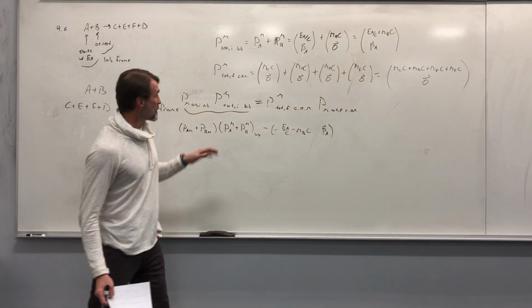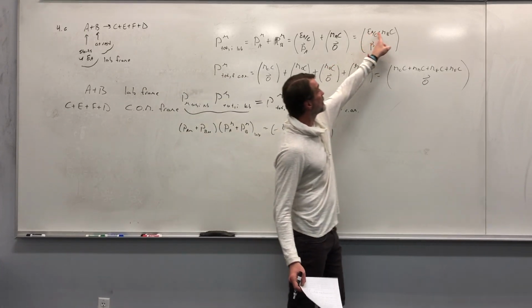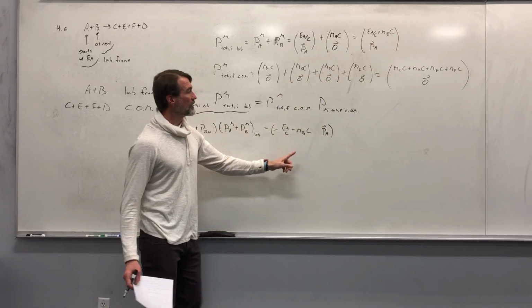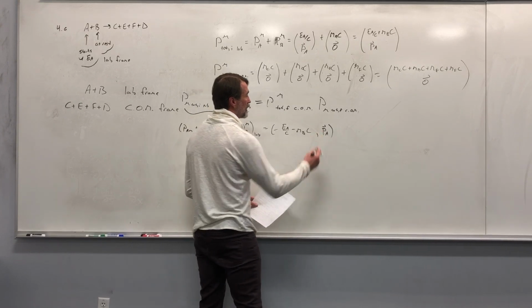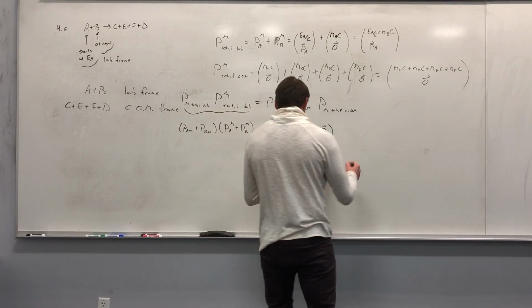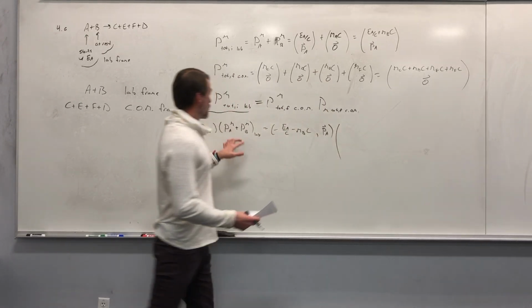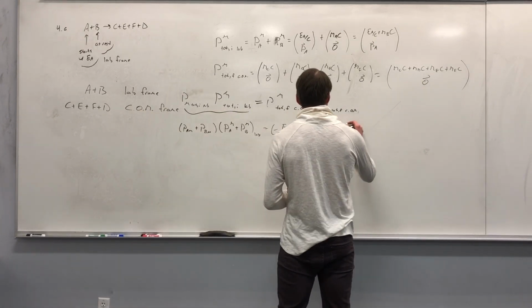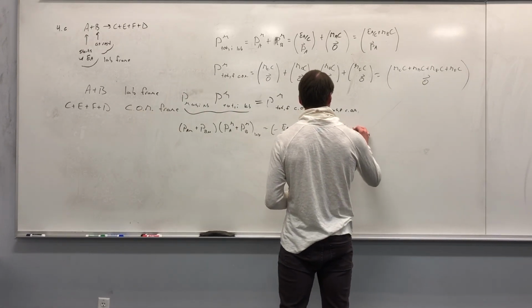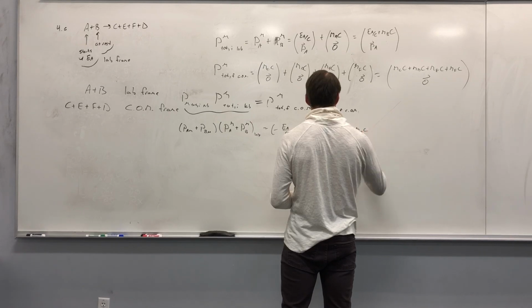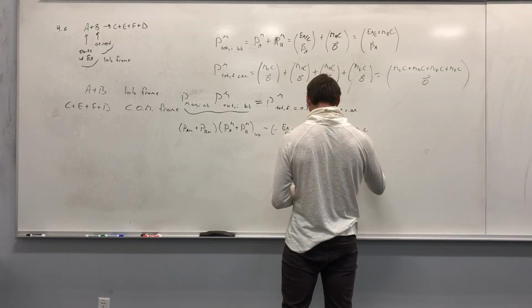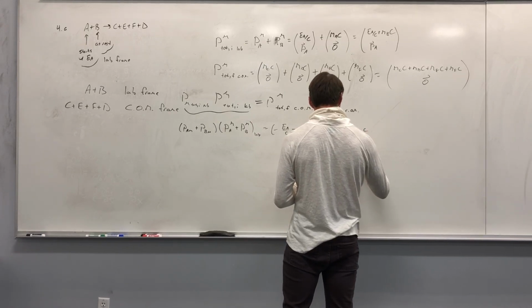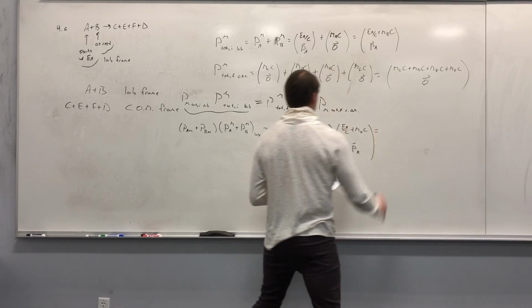Remember, the dual vector is just going to pick up a minus in this term, so that's why I got minuses here. And then, of course, this is just p_A. And then the vector here will be E_A over c plus m_B c, p_A. Okay?